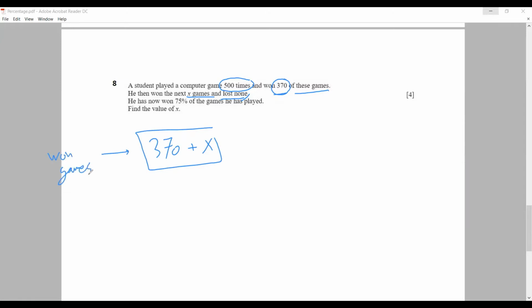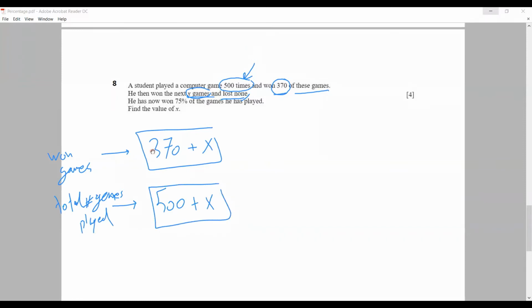And then let's find out the total number of times that he played, including loss and win, right? So we have 500 times here. And when he played X times this game again, he actually lost none. So it means he played 500 times here plus this X times. So we have 500 plus X. So this is the total number of games that he played actually, right?